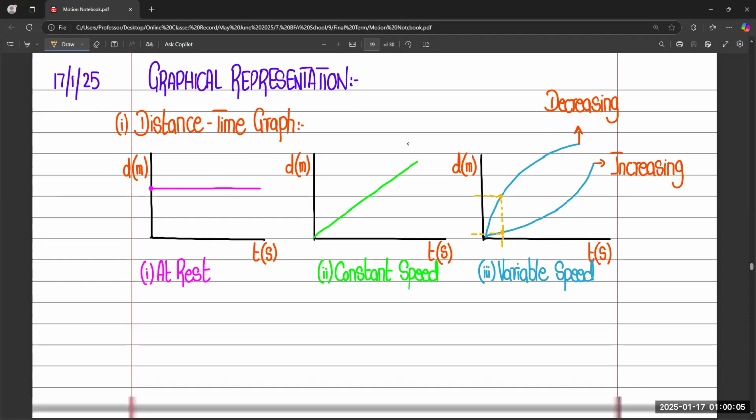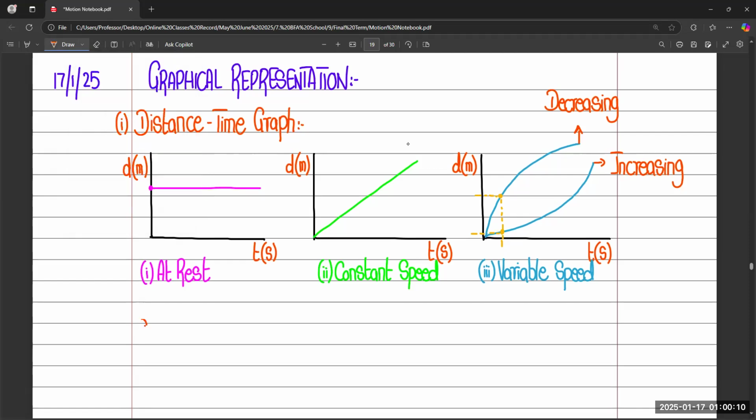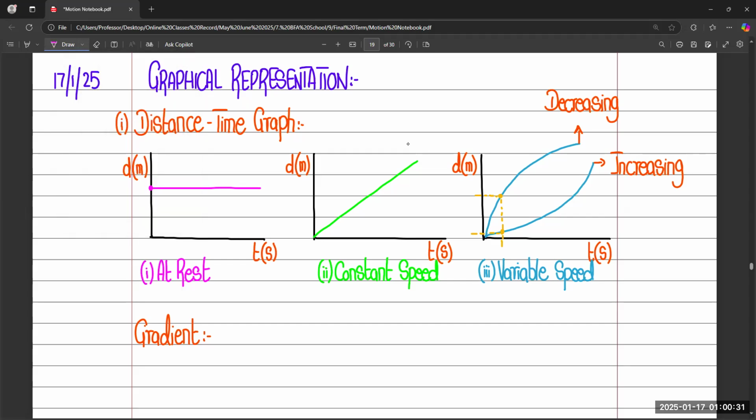Further, if they ask about the gradient of the distance time graph, how to find the gradient? It is very simple. We need to select any two points. For example, on this graph, we select two points. This is first, this is second.